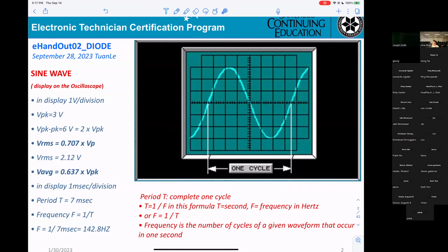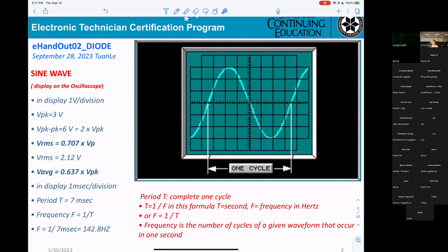If you want to see the frequency, the oscilloscope here cannot measure frequency. So you have to use the formula F equals 1 over T. So that's how you can get the frequency. Okay, however, in the program you're working on, we're using a different oscilloscope, more expensive than the analog scope.